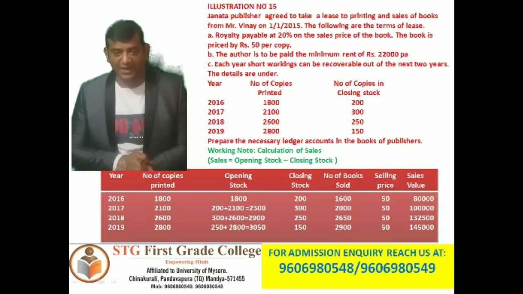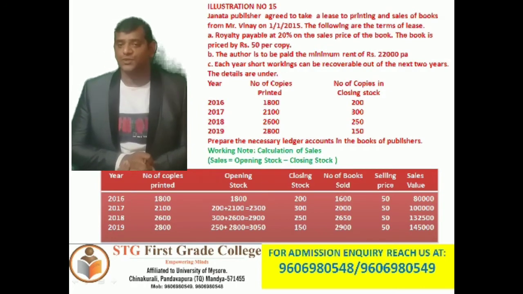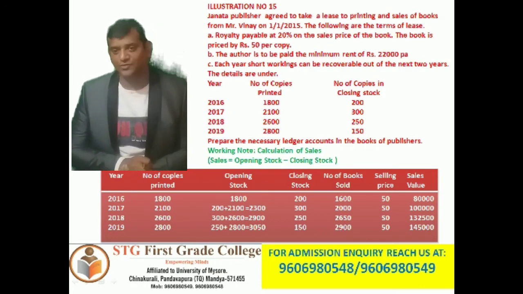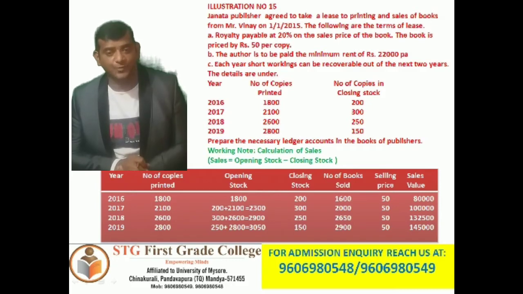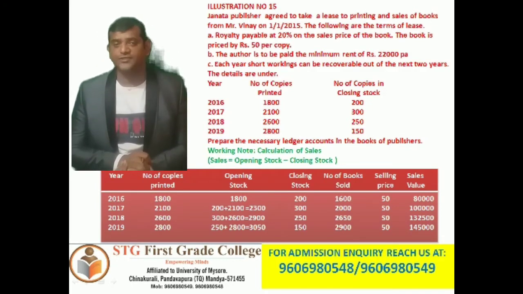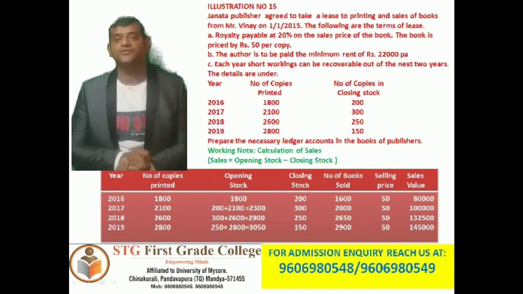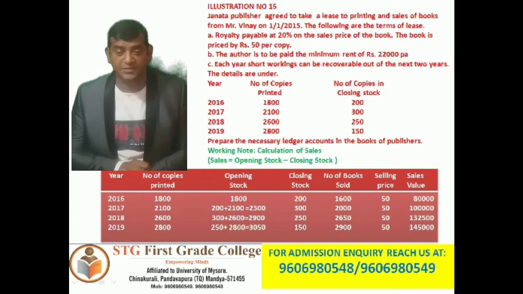Closing stock is 300. So the number of books sold is 2,000 books. So 2,000 into 50 rupees comes to 1 lakh rupees. How did we get 2,000 copies sold? That is 2,300 in the opening stock column minus closing stock 300. So the number of books sold is 2,000 books.